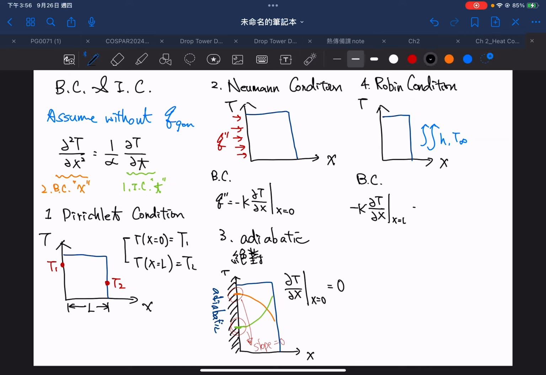Okay, then the conduction will equal the convection, so H times the temperature at x equal to L minus the environment temperature. Okay, so those four are the cases generally without heat generation: Dirichlet, Neumann, adiabatic and Robin condition.